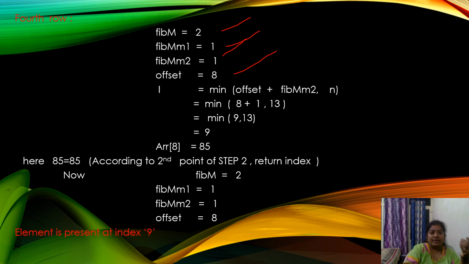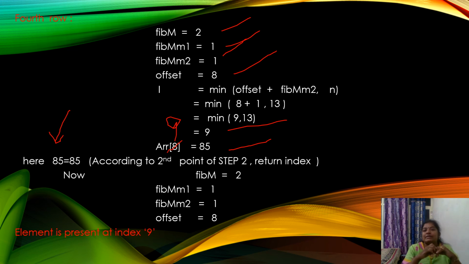Similarly calculate I. That is 9, so array of 9. The 9th element is 85. Now clearly the existing element and our target element are equal.